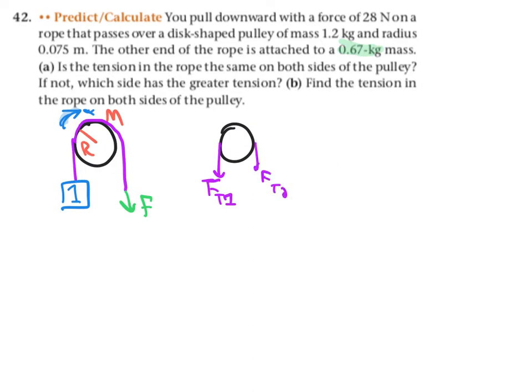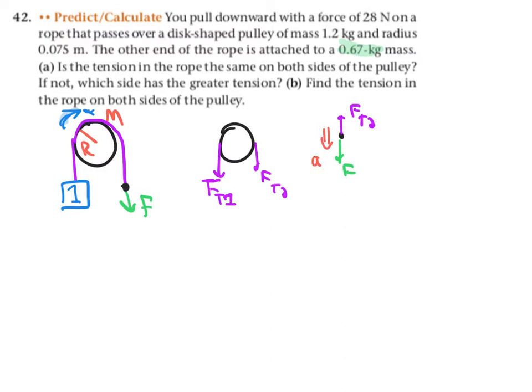If we consider the part of the rope we're pulling on, it has the force F that we pull down and the tension force pulling back up. But the key thing here is that the rope is essentially massless, and that's going to play a big role for us. And this point is accelerating downward.